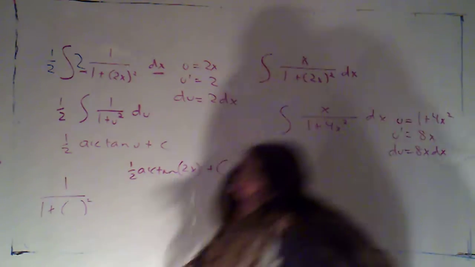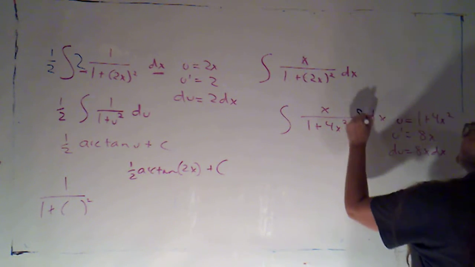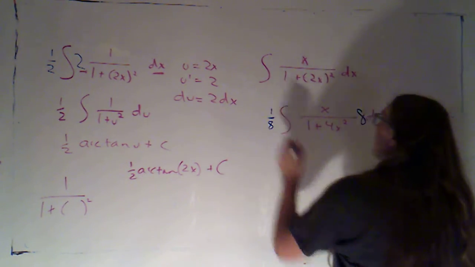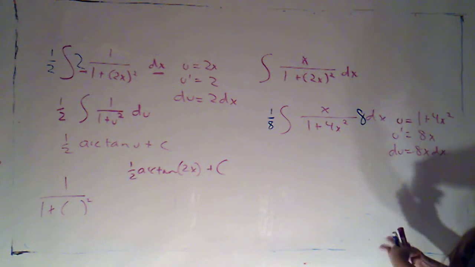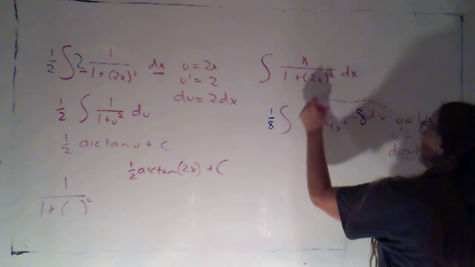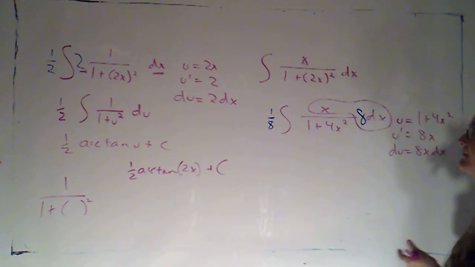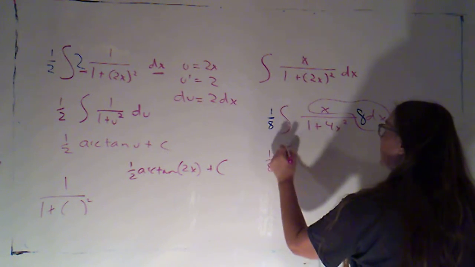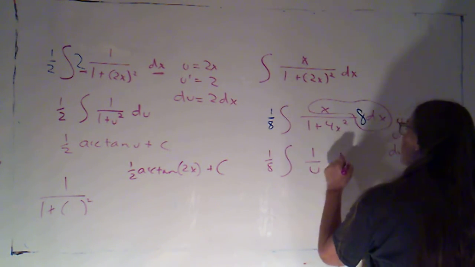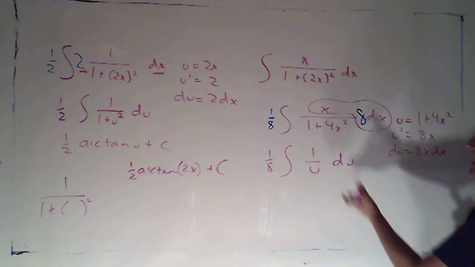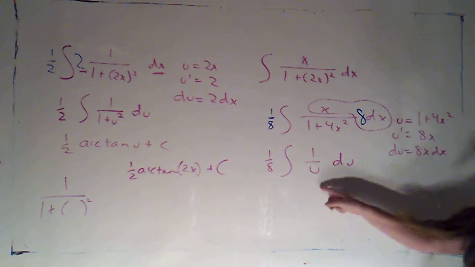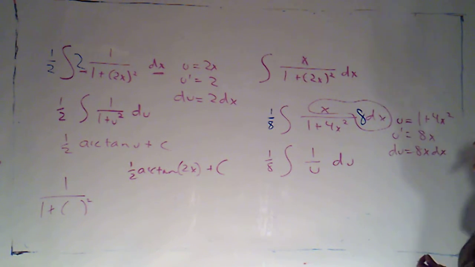So I'm going to need an 8, but I can counterbalance with a 1/8 on the outside. And then the 8, the x, and the dx all become my du. So this is 1/8 the integral of 1 over u du. And I can integrate that because that's just the reciprocal function.